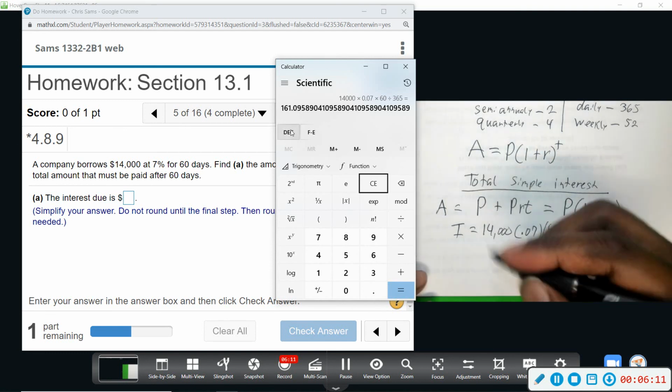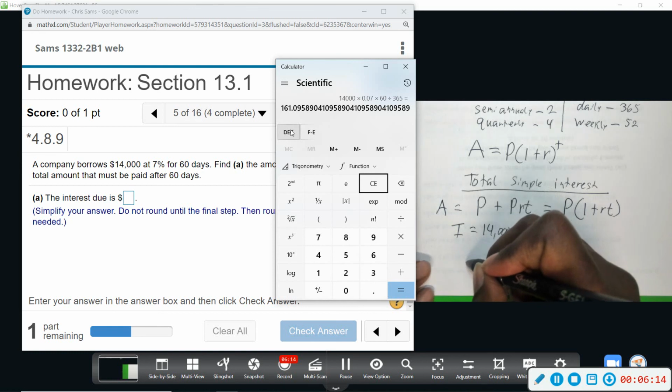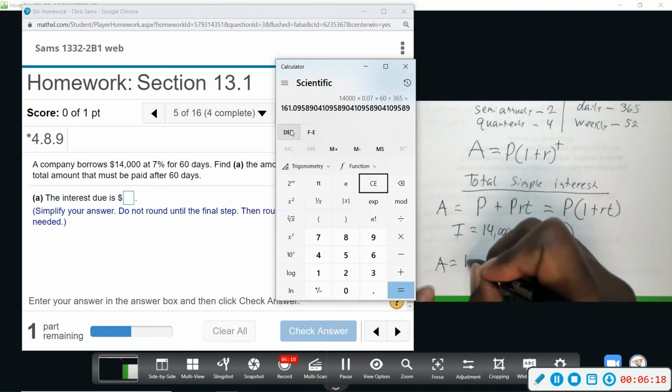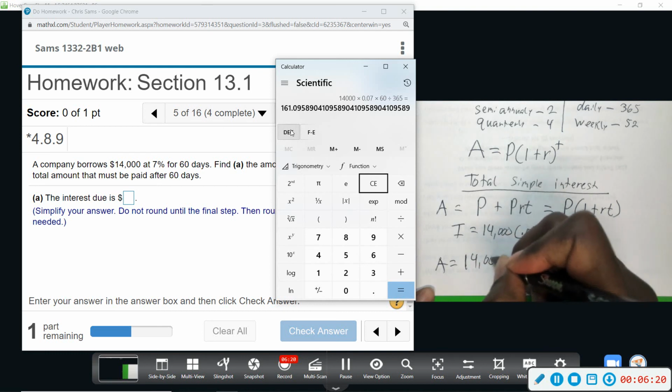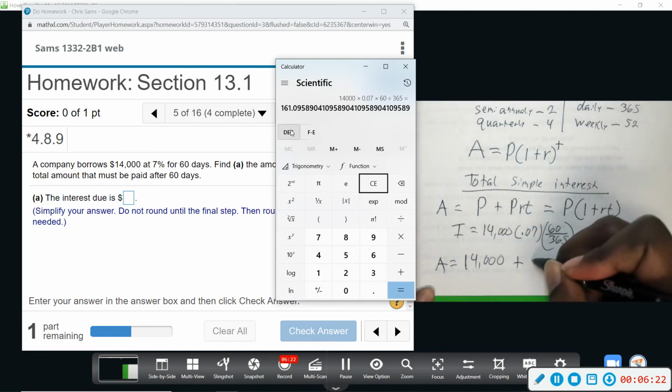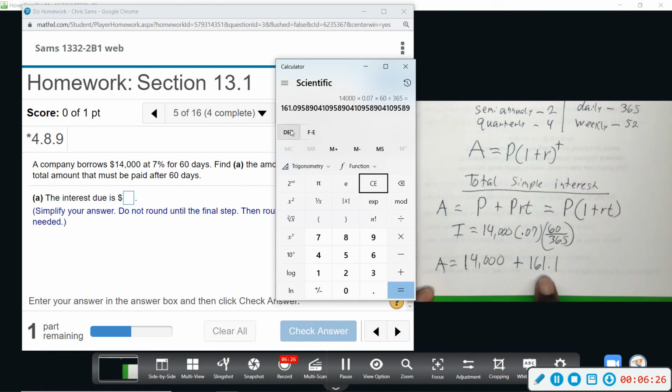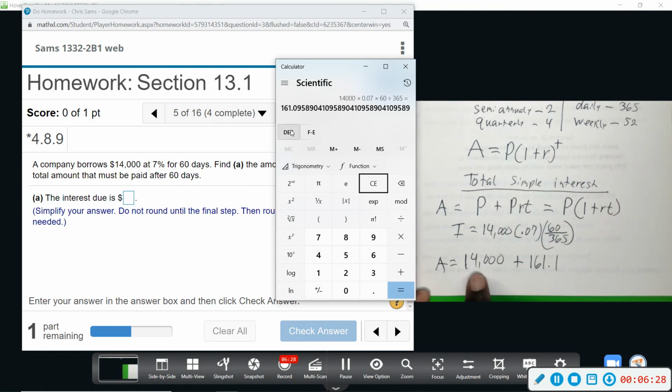So the total amount at the end of the day, we're going to do the 14,000, and we're going to be adding the interest, which is the 161.1. All right, so this is my interest. This is my loan amount. The total is going to be 14,161.1.